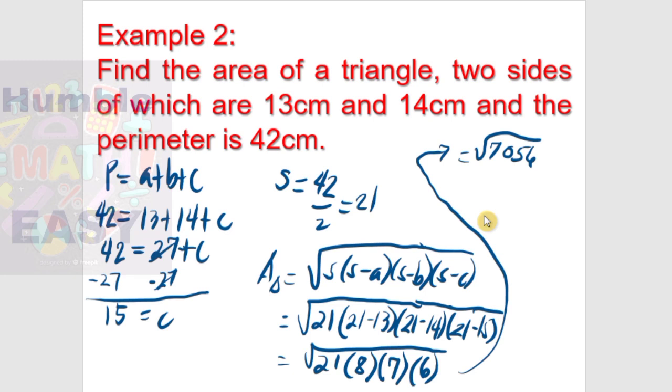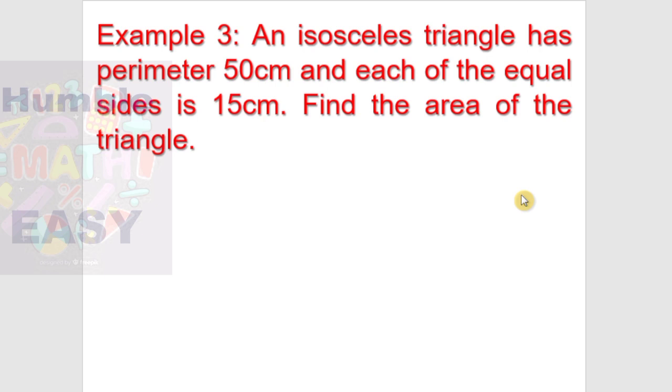Again, 21 times 8 times 7 times 6 is 7,056, and the square root of 7,056 is 84. So the area that we have is about 84 square centimeters. Okay, let's proceed now to the next example.